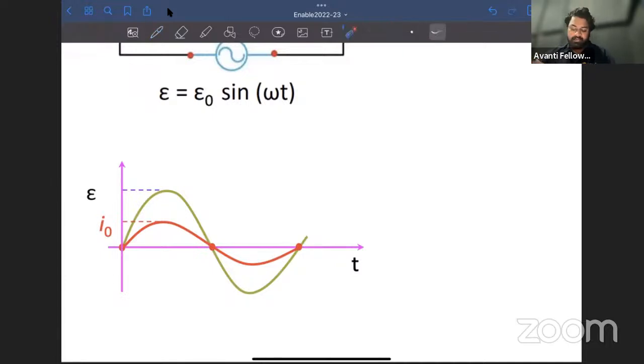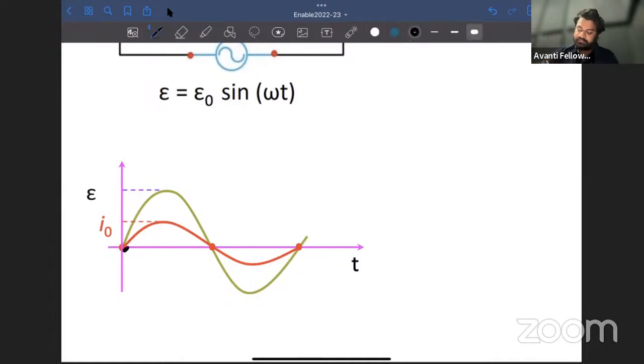So let's say this green one is the voltage. This green one is the voltage curve of the alternating voltage, and for that corresponding alternating voltage, we will get the current.